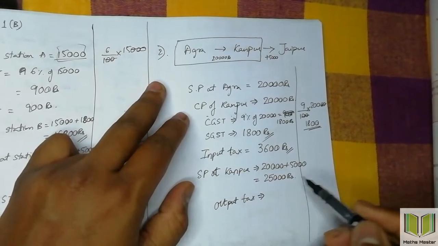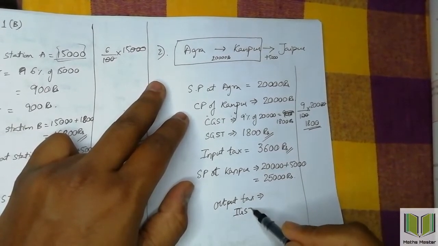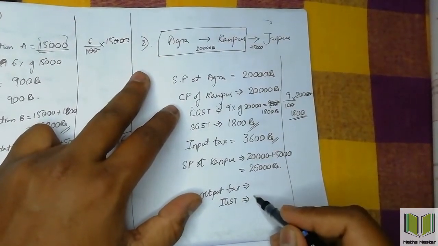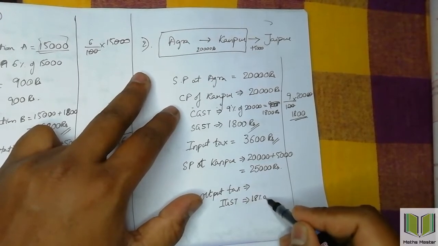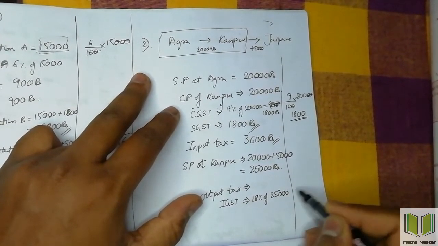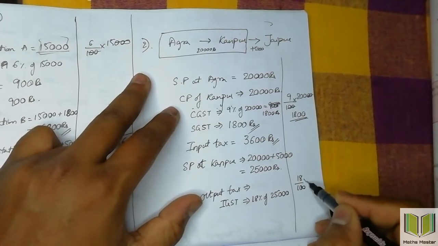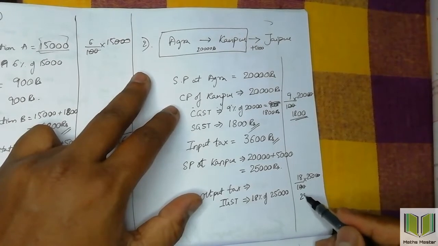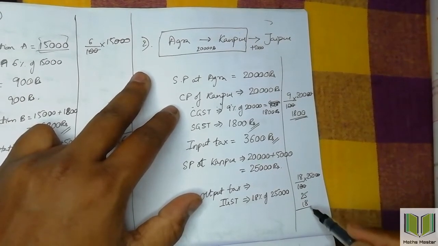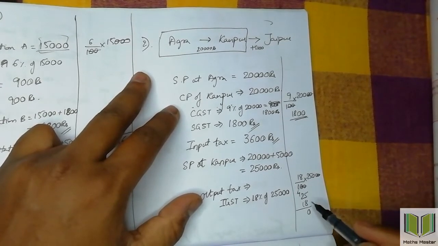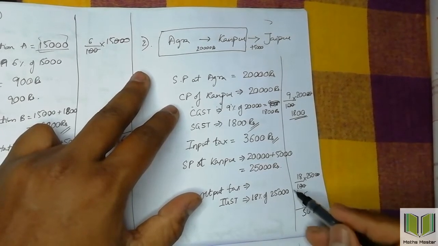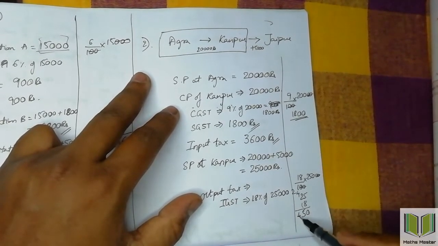So output tax will be equal to IGST. Why? Because he's selling it to Jaipur, an interstate transaction. So IGST will be equal to 18% of 25,000, which is 18 by 100 multiplied with 25,000. Zeros get cancelled. 25 times 18: 8 5s are 40, 2 8s are 16, 16 plus 4 is 20, 2 1s are 2, 2 plus 2 is 4.